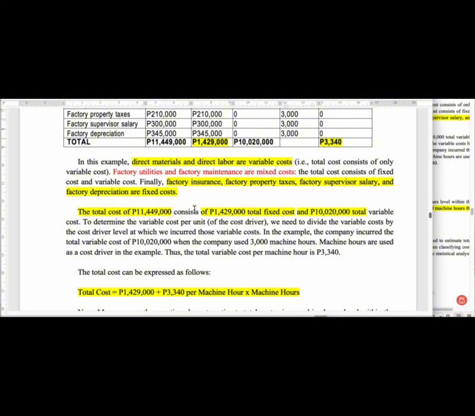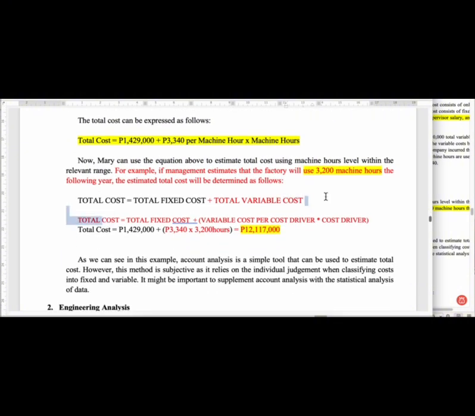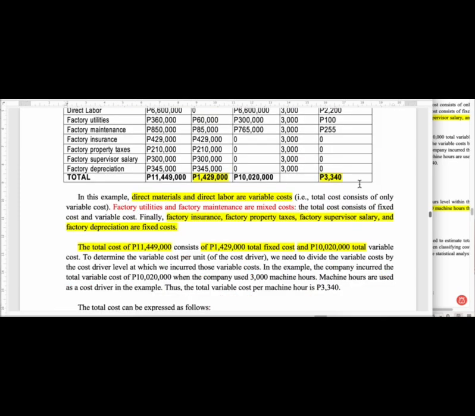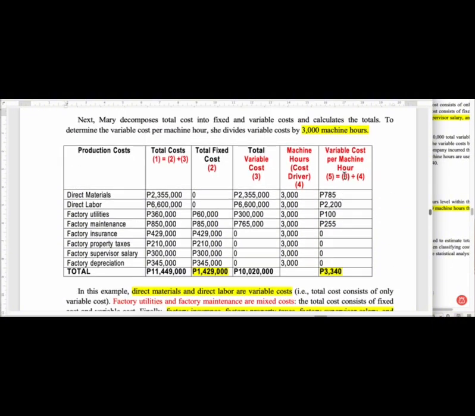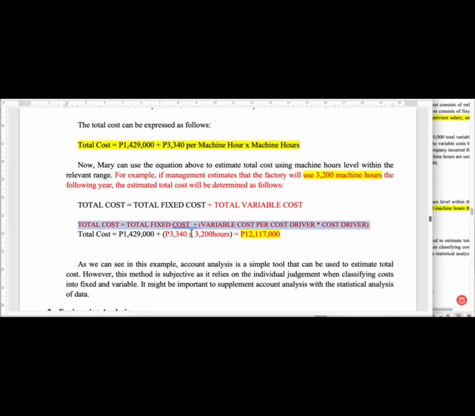Then we go back to the formula. Since we have solved the variable cost per machine hour in the table, we multiply it by whatever the problem asks for. If the problem states that management estimates that the factory will use 3,200 machine hours the following year, the estimated total cost will be determined as follows.